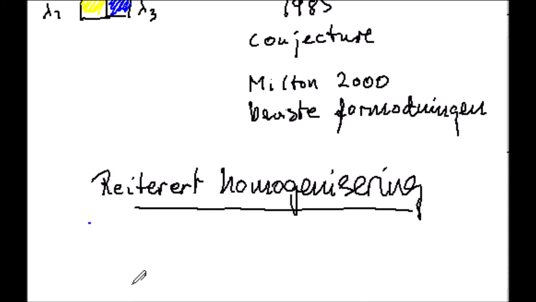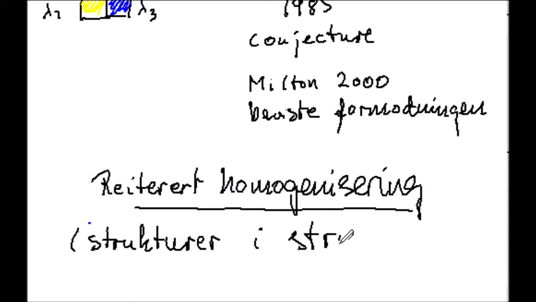We are also going to talk about something called reiterated homogenization, and in order to get a picture of what this means, just imagine structures in structures. So we will soon show you what we mean by this. Here we have an example of such a structure. We have a chessboard structure inside a chessboard structure.